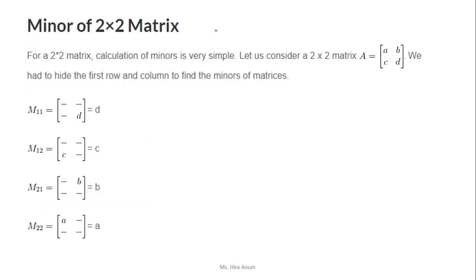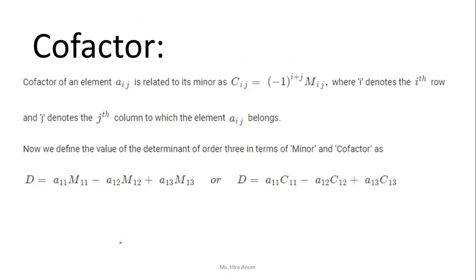Minor of 2 cross 2. Minus of M11. When you find a 2 cross 2 minor, then 1, 1 equals to D, 1, 2 equals to C, 2, 1 equals to B, 2, 2 equals to A. Cofactors.